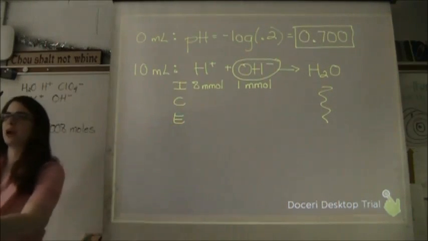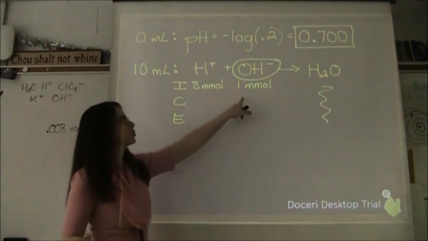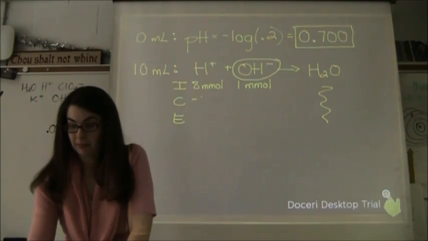Guys, tell me from Chem 1, what does being a limiting reactant mean? The reactant that is completely used up first. Anybody want to guess what number I'm going to subtract here? You got it.